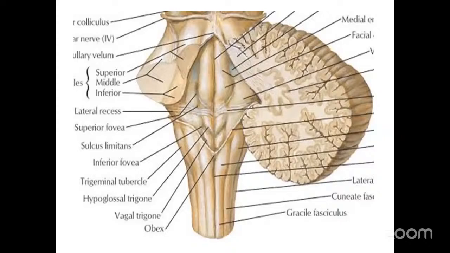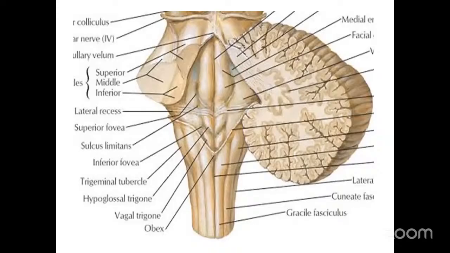When we see the dorsal surface, or posterior surface, of the medulla oblongata, the superior part of the posterior surface forms the floor of the fourth ventricle. That is very important.